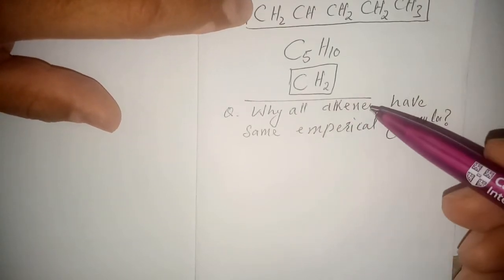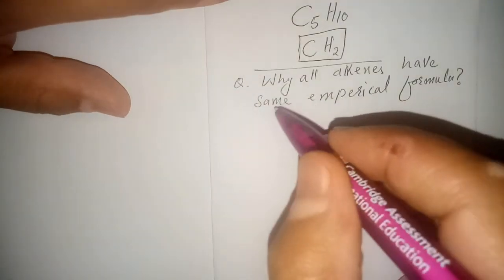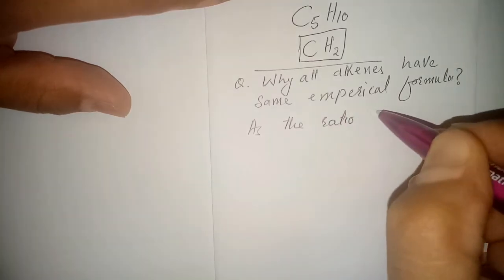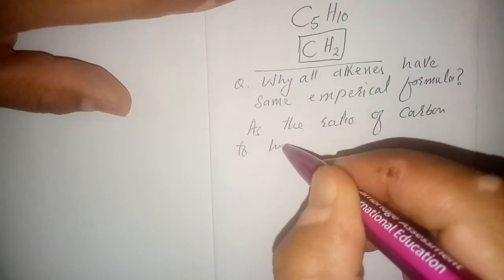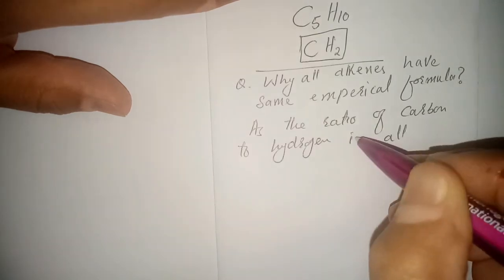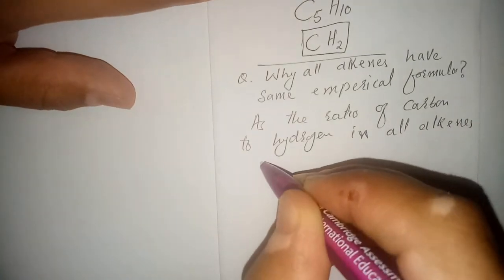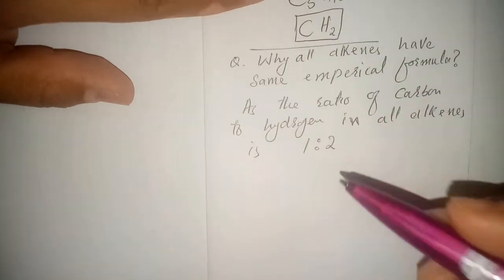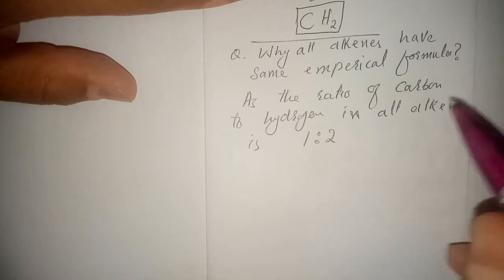The answer is, as the ratio of carbon to hydrogen in all alkenes is 1:2, that is why all alkenes have the same empirical formula.